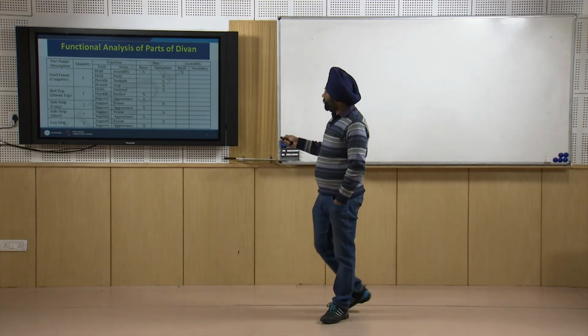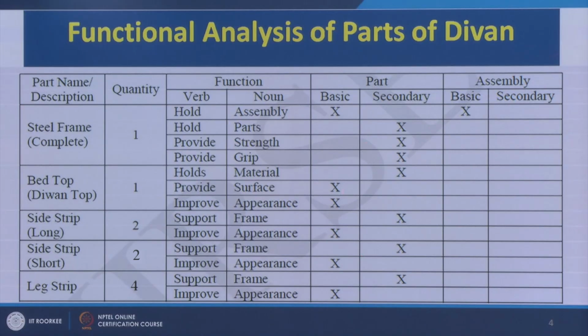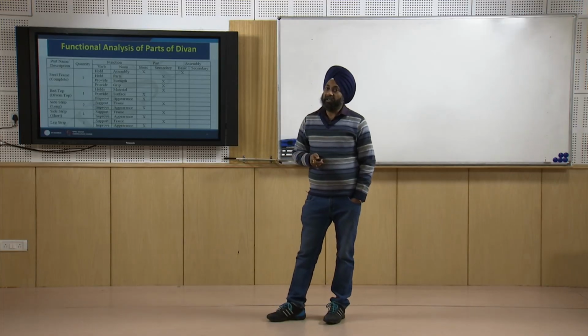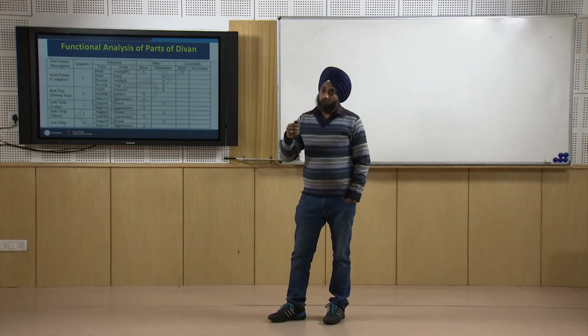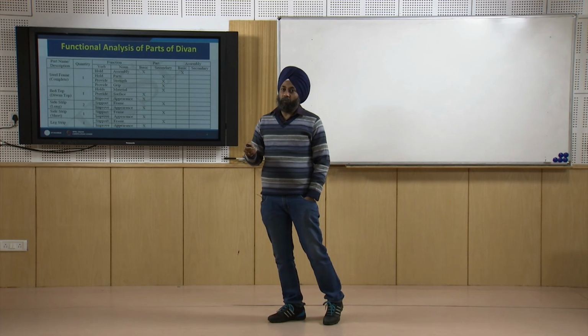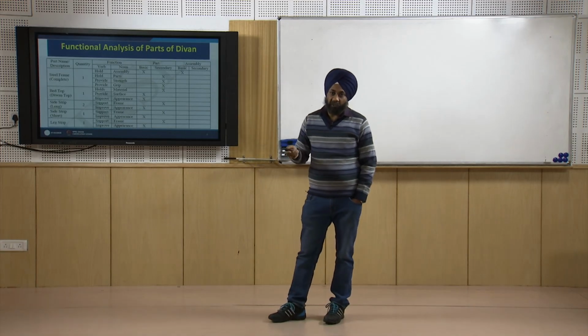So here you can see there are so many secondary functions being achieved by different components or parts of the Divan. Now our job is to redesign the part in such a way that the overall cost of Divan gets minimized, but without compromising the quality, performance, reliability, durability of the product.